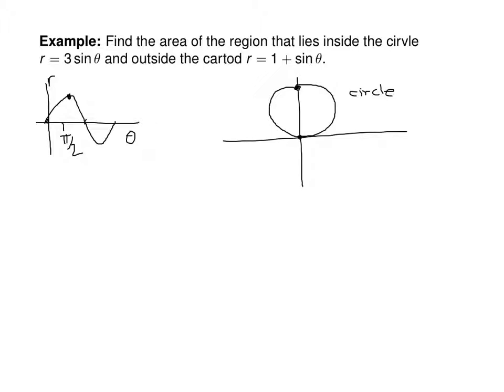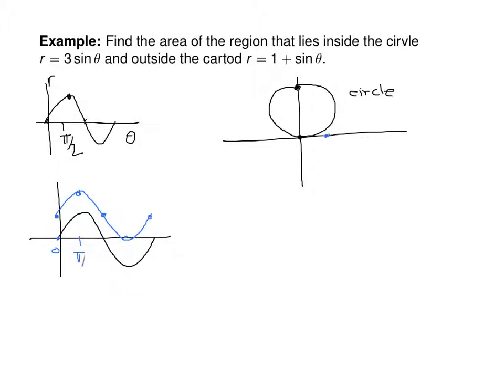And then the cardioid, 1 plus sine theta. So we take our sine curve, which usually looks like this, and shift it up 1. So that point's now at 1, this point's now at 2, that point that was 0 is now at 1, this is there, and that's there. Now let's use this blue curve to graph the cardioid. So at an angle of 0, my radius is 1.